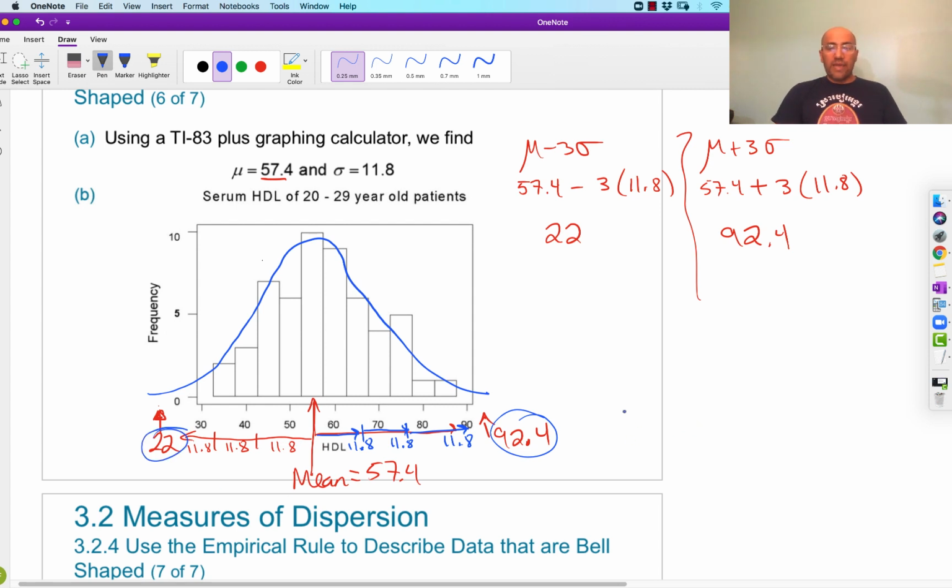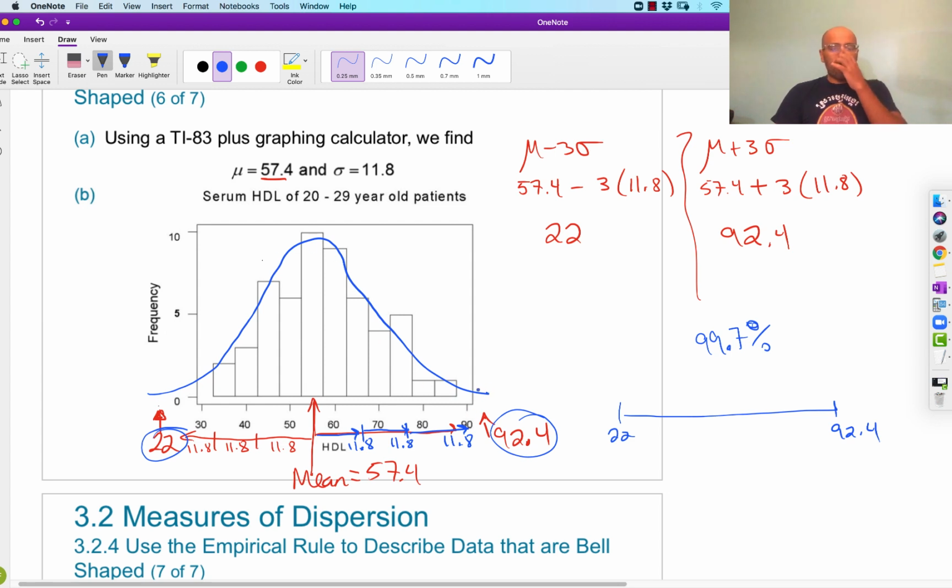So the space between 22 and all the way out to 92.4 should capture, according to the empirical rule, 99.7% of all the data points, if it's approximately bell-shaped. And it seems to make sense according to my picture. Almost everybody is in there.